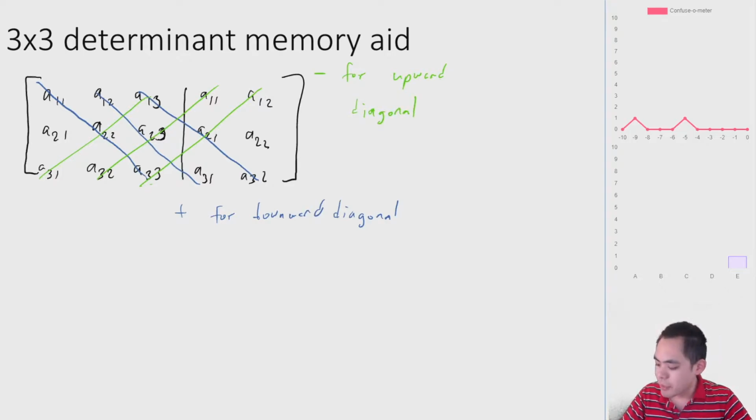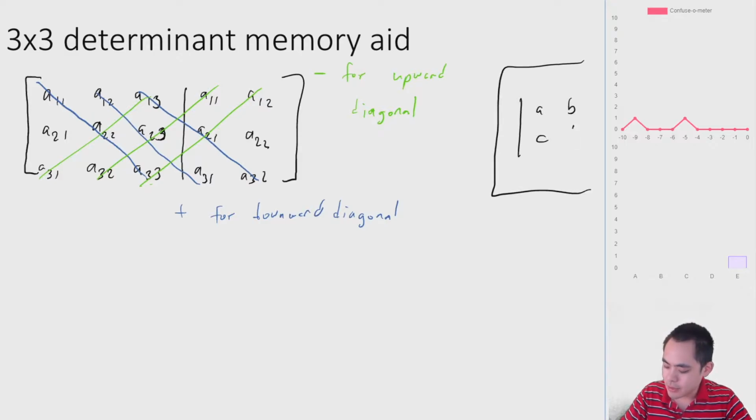And you can sort of remember this because if you think back to the 2x2 matrix, A, B, C, D, that's basically what you were doing as well. You had a plus sign for the AD and a minus sign for the BC.